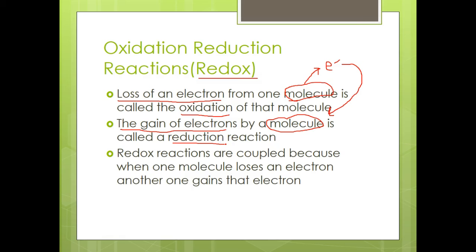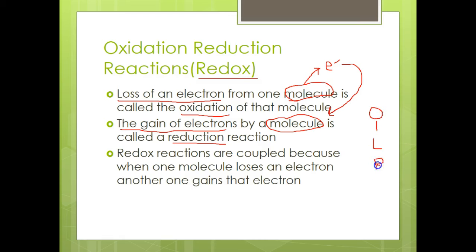Now I know reduced sounds like you're losing something, but in this case, reduction means that you're reducing the activation state of that molecule. You're gaining electrons.